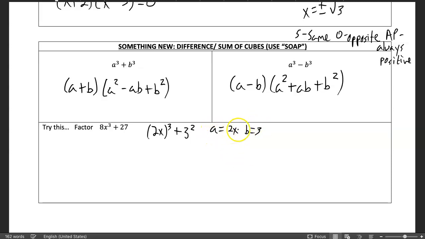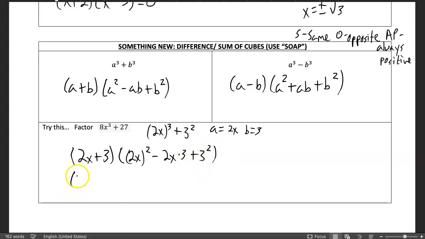So now, using A as 2x and B as 3, we're adding these, so we're going to use the addition formula. When we factor this, it becomes 2x, or A, plus B, times 2x squared minus 2x times 3 plus 3 squared.